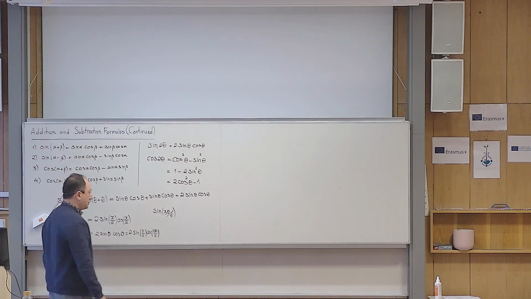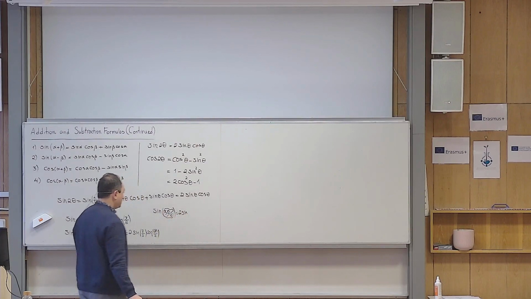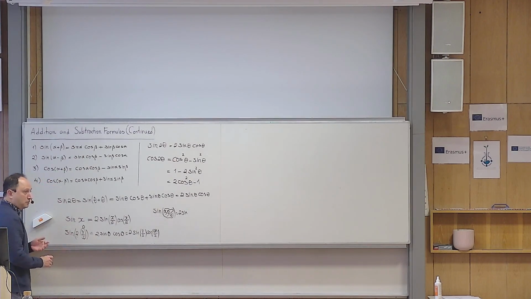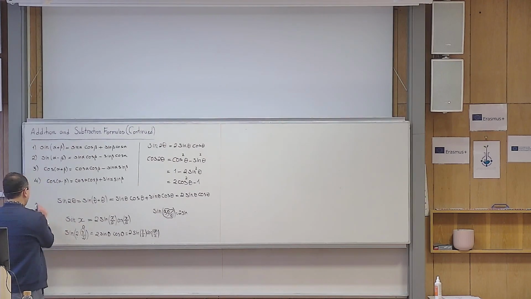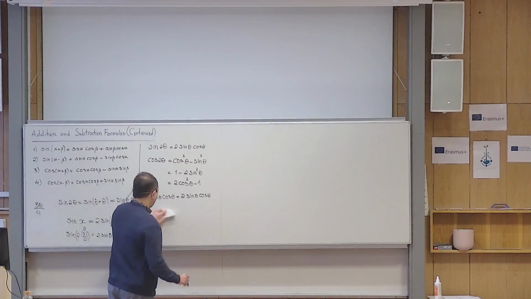Yes? So what can I write? Here, this is playing the role of my angle. So this becomes 2 sine of which angle? No. Why 6? We divide by 2. No, you are multiplying by 2. This is 3 theta over 4. Yes?